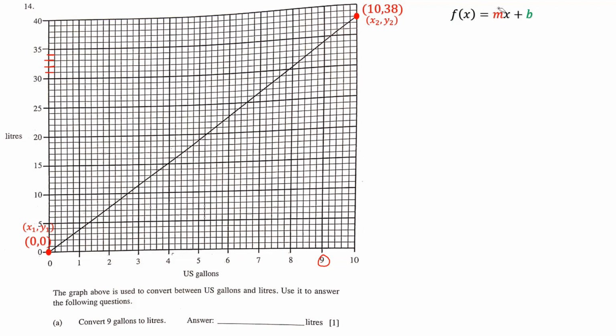All we need to find the function represented by this line is m, the slope, and the y-intercept.